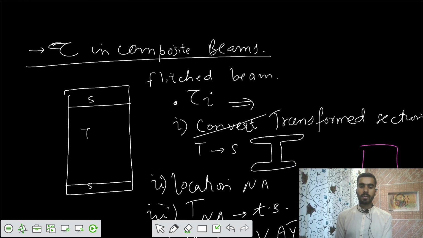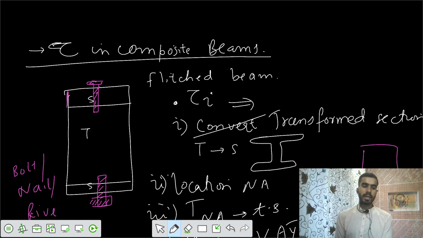In this one, we drive bolts to make the connection stable. We drive those bolts in between those members. So let's say this is some bolt, or we can call it a nail, or a rivet.